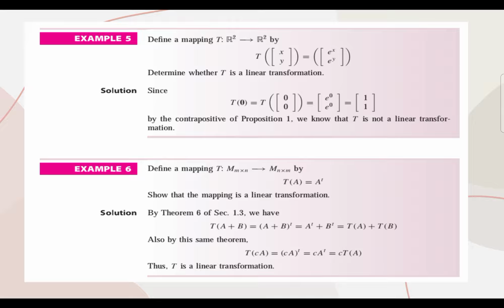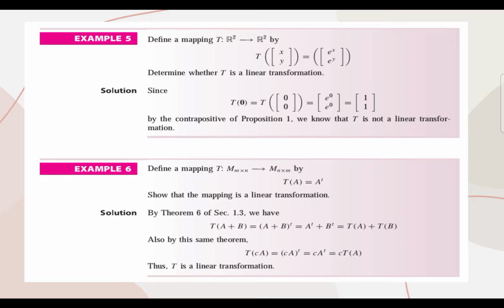To be a linear transformation, the mapping must satisfy two conditions for any matrices A and B and any scalar c. Additivity: T(A + B) = T(A) + T(B). Then homogeneity: T(cA) = cT(A).